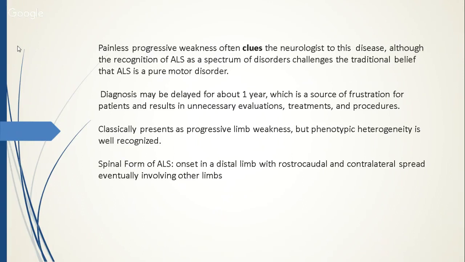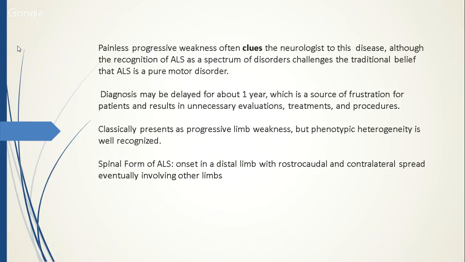So you'll find patients over the course of a year starting to develop weakness, fatigue. They go to different physicians, different specialists, pulmonologists, and they don't really know what's going on with them. It leads to frustration because ALS is not a very simple disease to identify and diagnose, because there's no single diagnostic test or gold standard to say, oh yeah, this is ALS.